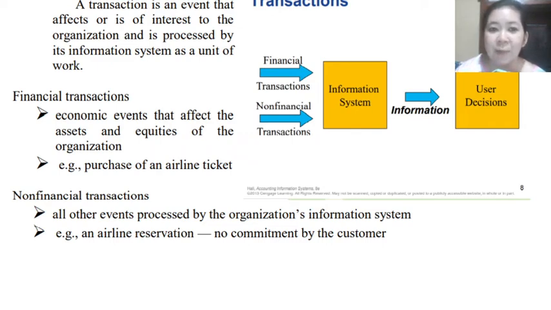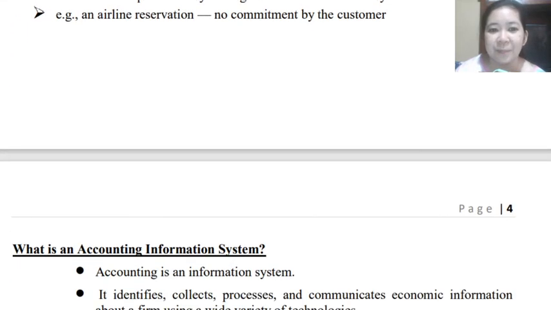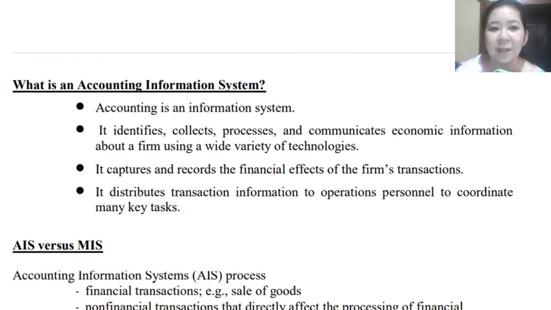So an example of this is a reservation but no commitment by the customer, or future transactions which will take effect, okay, in the next period, and so on, or those which do not affect the elements of financial statements. So these are non-financial transactions.